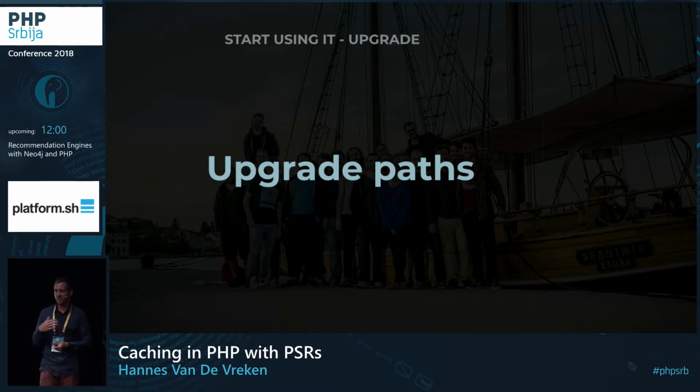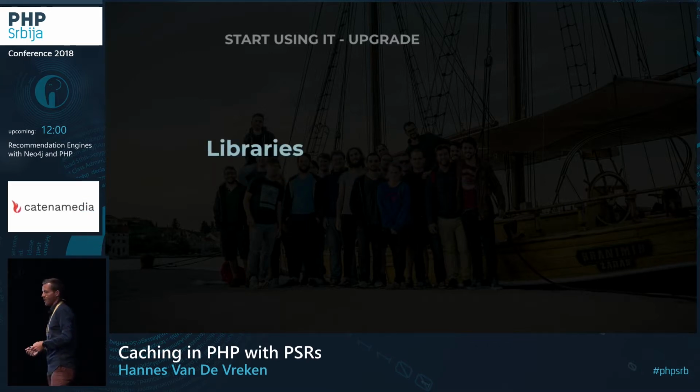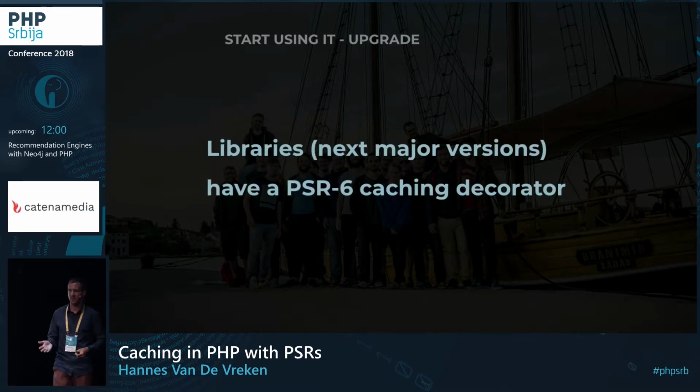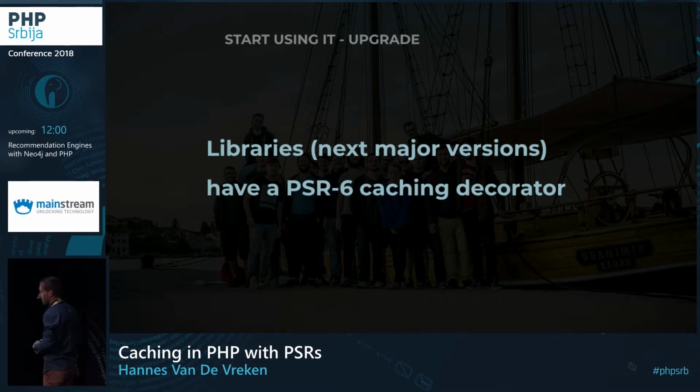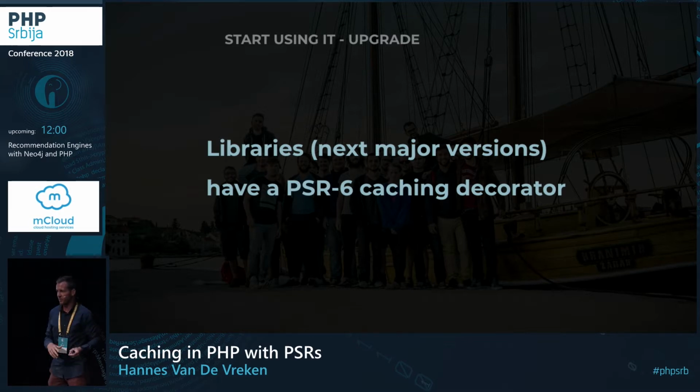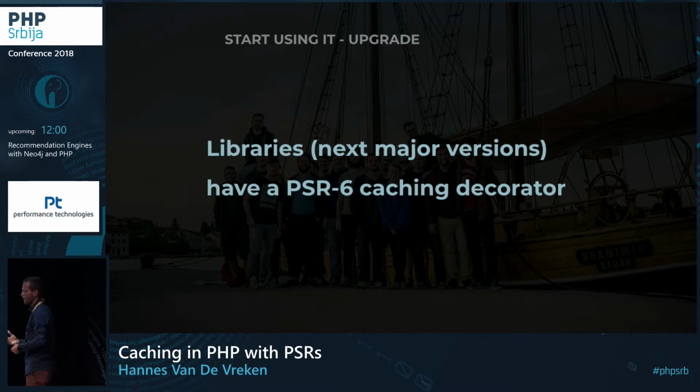So how do we upgrade from using our libraries and using our frameworks to using PSR-6? For libraries, we have to wait for next major versions. This is basically a breaking change. If you have a geocoding library and you want to start using PSR-6, you want to move away from the old interfaces and the old adapters that you had to move to the new PSR-6, to have a new caching decorator that uses PSR-6 caching.